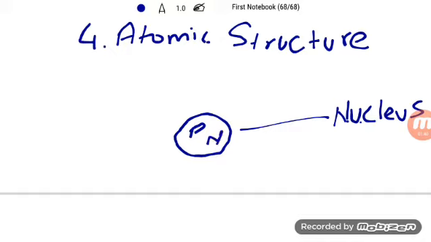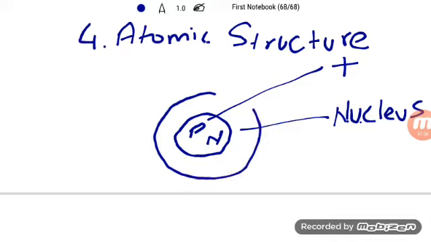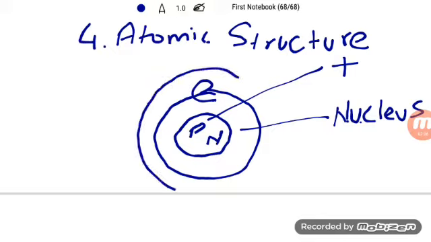Now protons are generally positively charged particles, and around this nucleus the electrons revolve. I'm just writing here electrons, E, and there can be more than one path around the nucleus.